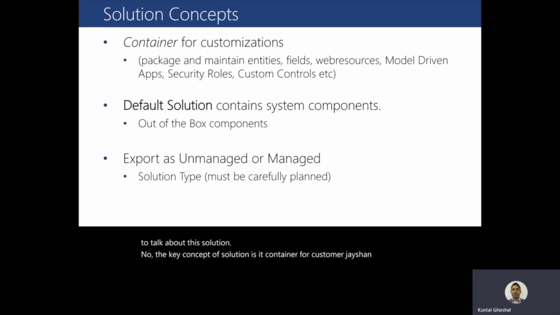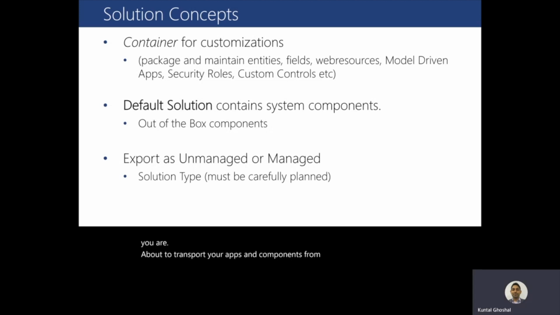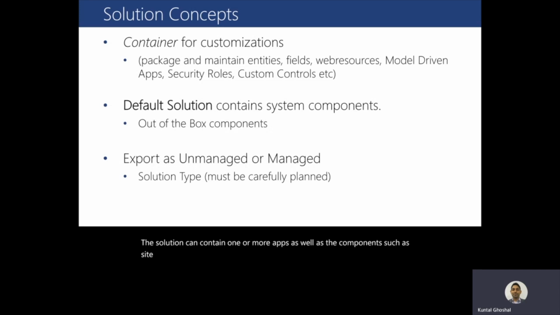When you are about to transport your apps and components from one organization to another, a solution is the only way that Dynamics 365 provides to export your customizations from the source organization and import them into the target organization. The solution can contain one or more apps, as well as components such as sitemaps, entities, processes, web resources, option sets, and many more.